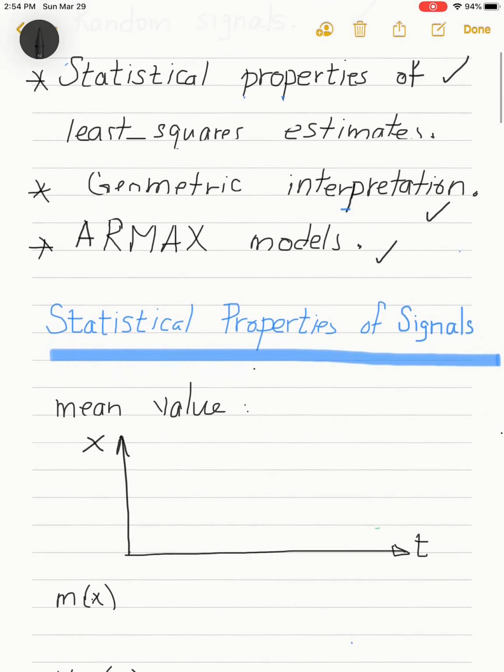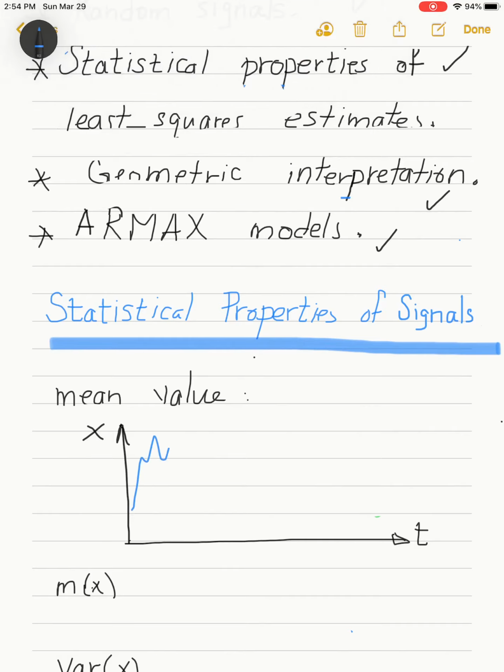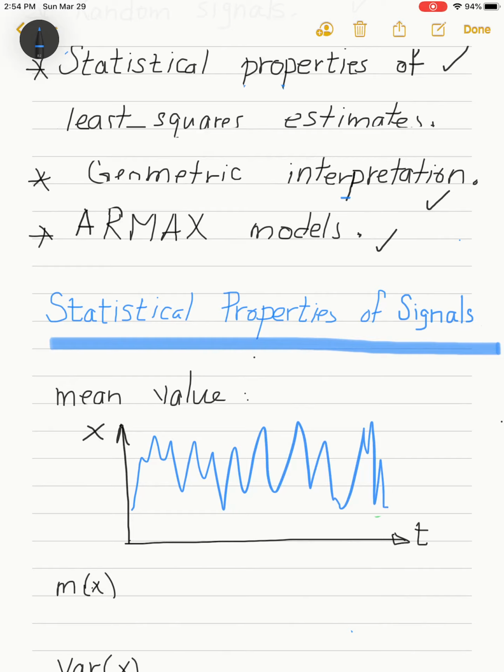So if we assume that we have a signal and that signal is changing randomly, something like this, all over the place, if we would like to calculate the mean of that signal, which is also called the expected value of that signal, we can actually assume that this value is just the equivalent of the average.